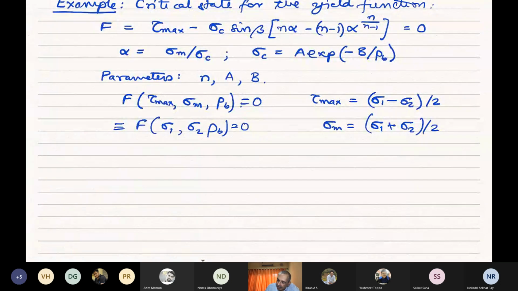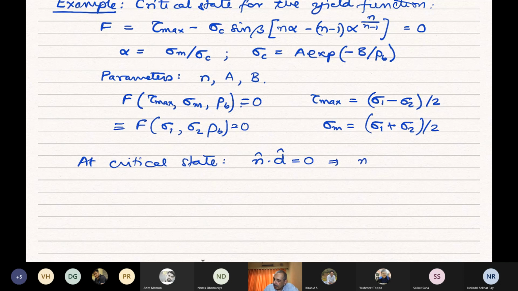So at the critical state we have that n dot d is equal to 0, and this gives us that n1 plus n2 is equal to 0, because, okay, so I can write it down.